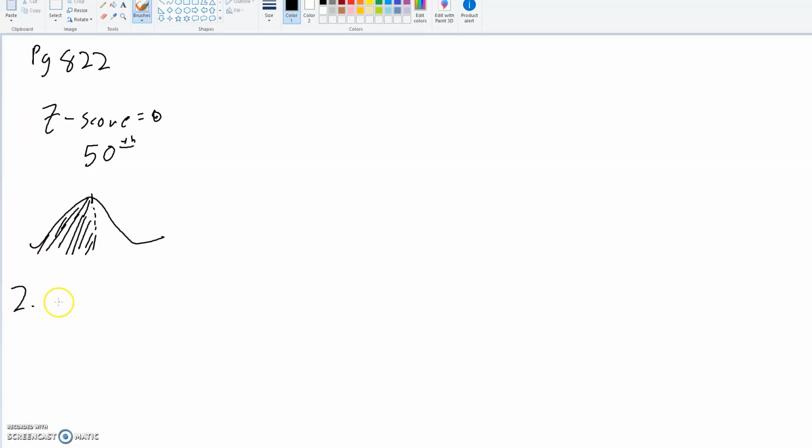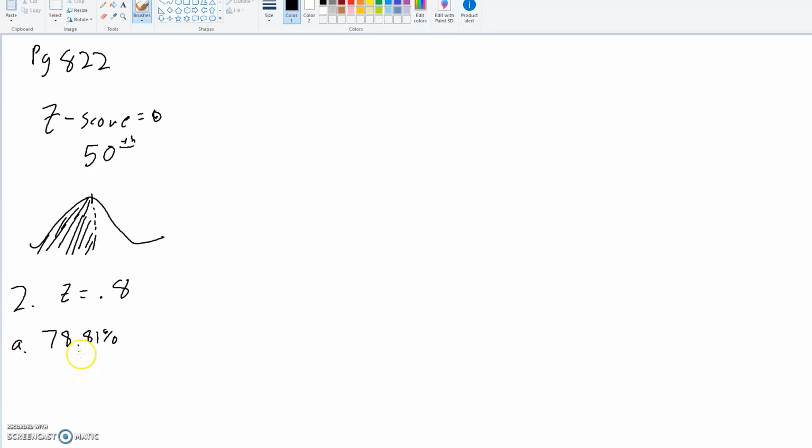It says find the percentage that lie below if we have our z-score of 0.8. If you look in your table on page 822, you will see that 78.81% of the data lies beneath it. So that's just our answer to A, just what we find in that table.